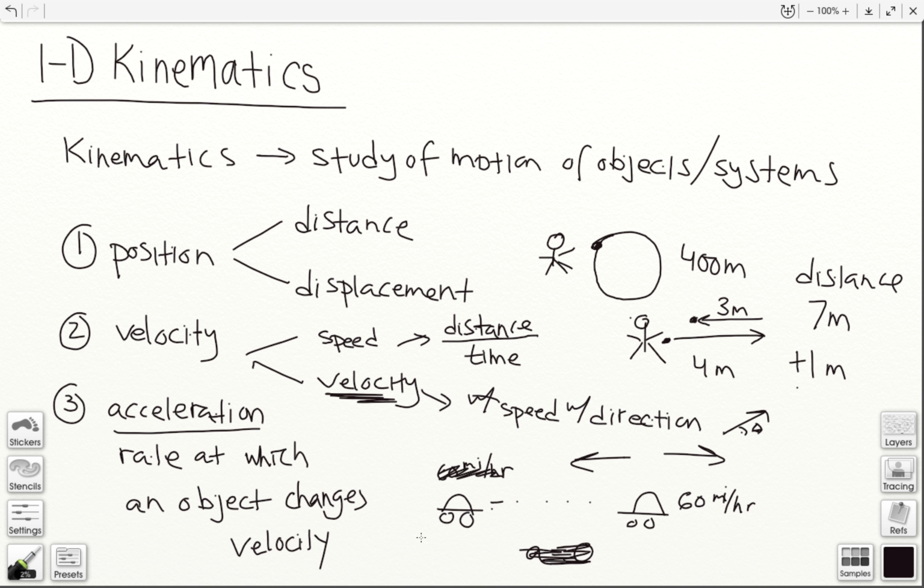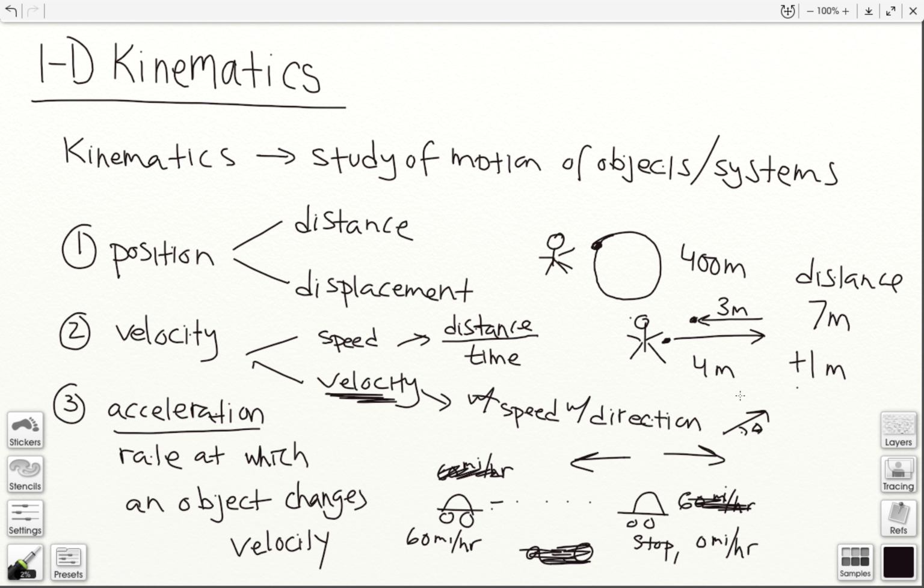If the car started off at 60 miles per hour, and then it starts to slow down and brakes and comes to a stop, so here its velocity is 0 miles per hour. In this case, the car has a negative acceleration. The velocity is decreasing.